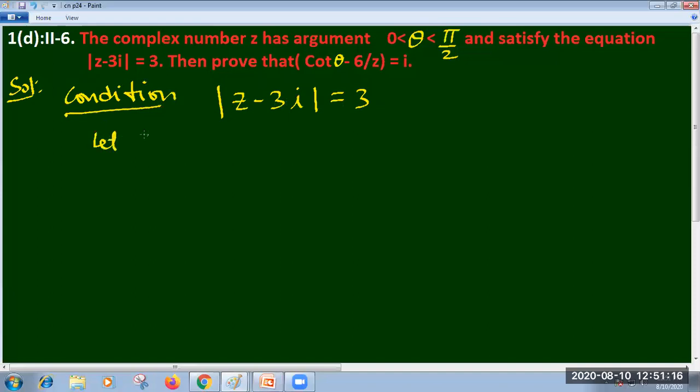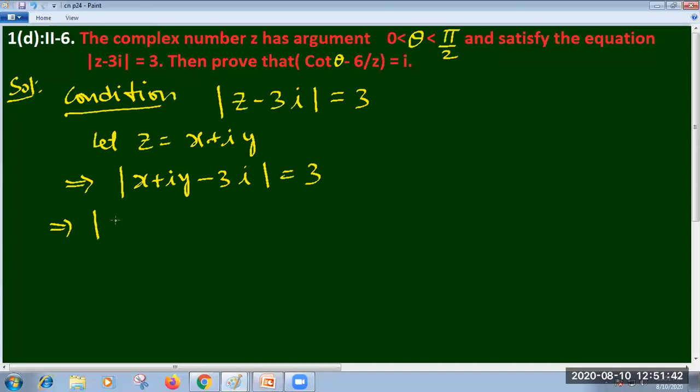Let z is equal to x plus iy. So writing in place of z, x plus iy, we get mod of x plus iy minus 3i is equal to 3.